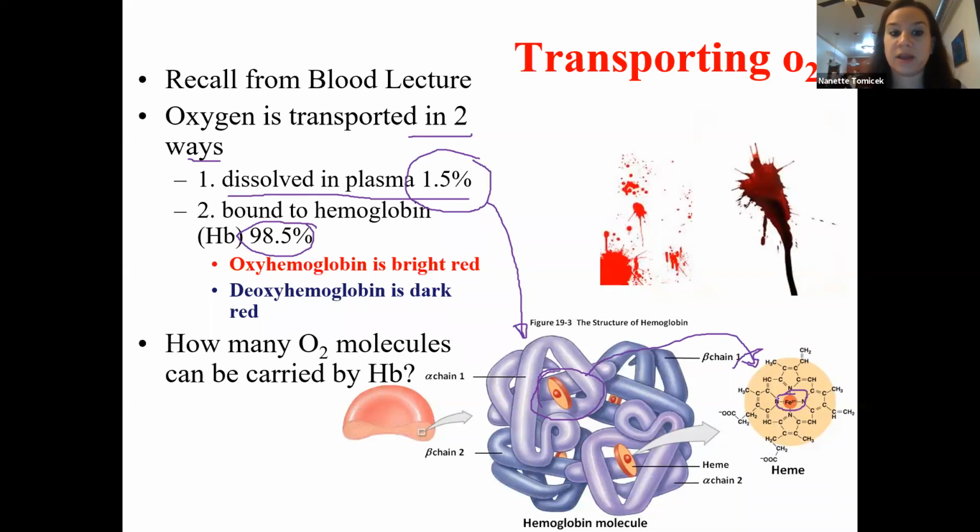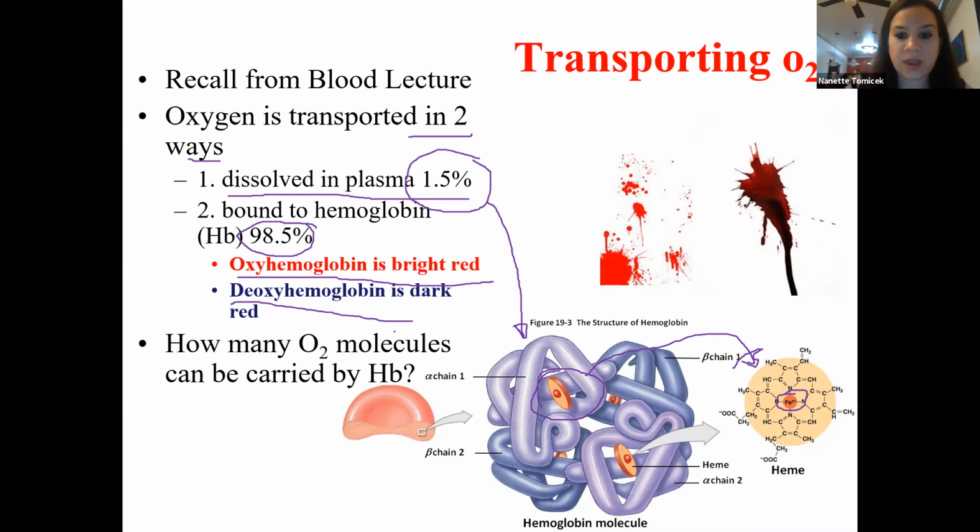So each individual oxyhemoglobin molecule can carry 4 O2 molecules. We say that it is completely saturated whenever it is carrying all 4 O2 molecules, and then it is free to drop those off at the tissues and come back to the lung and pick up more.